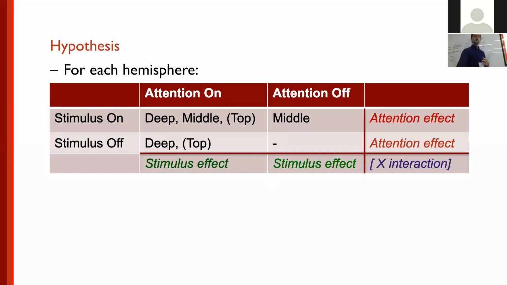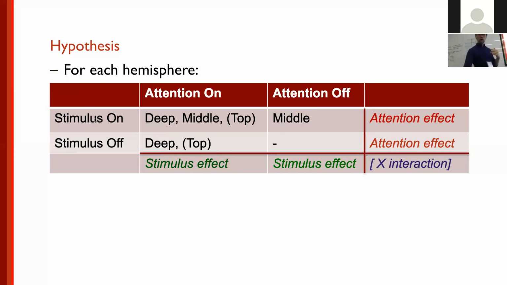So that's what we tried in our visual attention task. Basically, without going into great detail, we hypothesized that a visual stimulus would activate the middle layers, and that paying attention to something is a top-down effect.